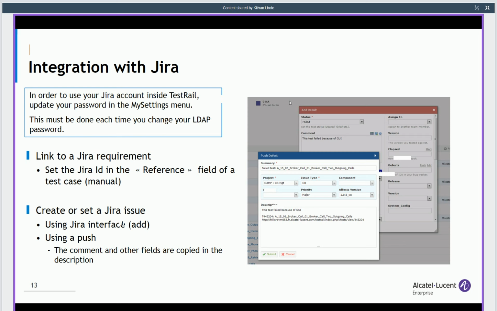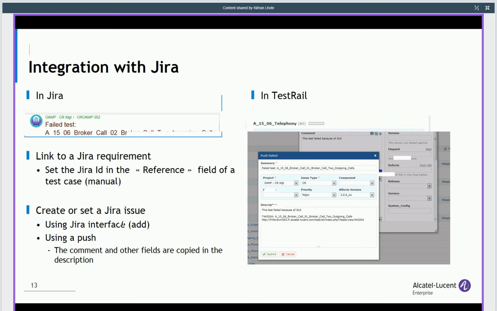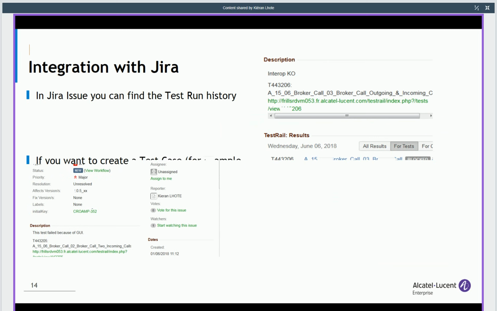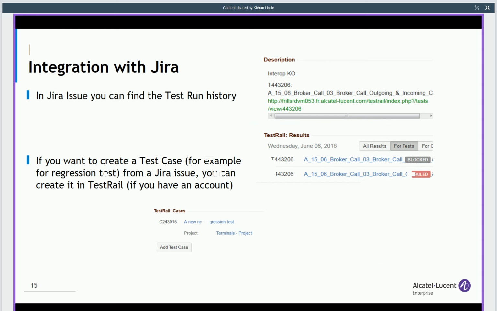This link allows you to directly retrieve CR information or other Jira objects like requirements or stories, depending on your Jira objects, and retrieve Jira fields inside TestRail. And in Jira, you will be able to retrieve TestRail information directly inside the CR. Yes, we can retrieve directly inside Jira the test execution history.